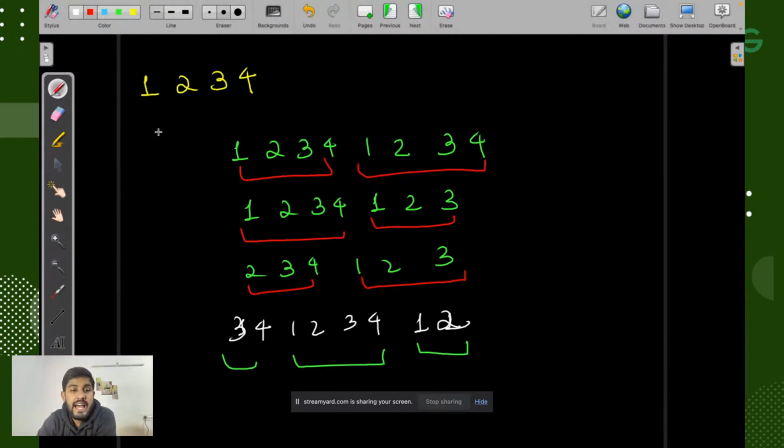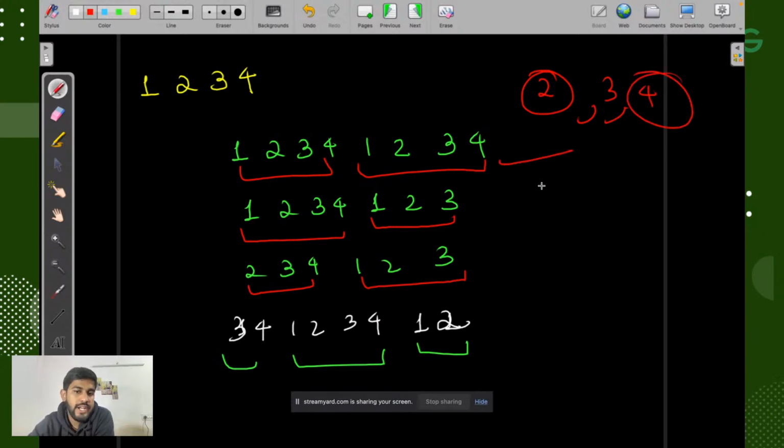So we can see that the answer in the worst scenario can be 2 or 3 or 4. 2 when it is a full half, then 3 when another half is used, and fourth when this side half is used, and this side half is used. So either x plus 1 or x plus 2. This can be the 3 scenarios.